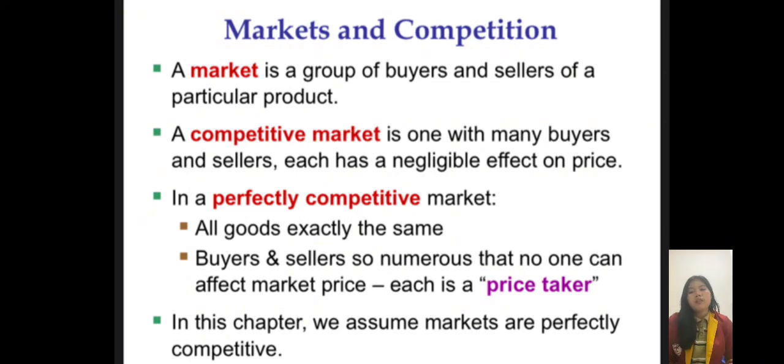In a perfectly competitive market, all goods are exactly the same. Buyers and sellers are so numerous that no one can affect the marketplace. Each is a price taker. In this chapter, we assume markets are perfectly competitive.